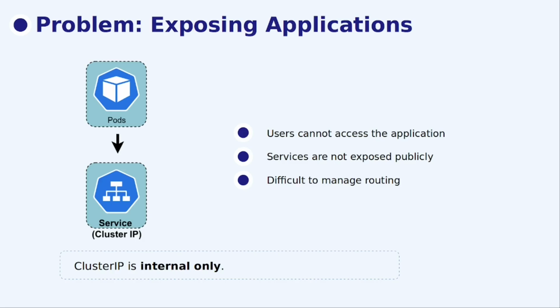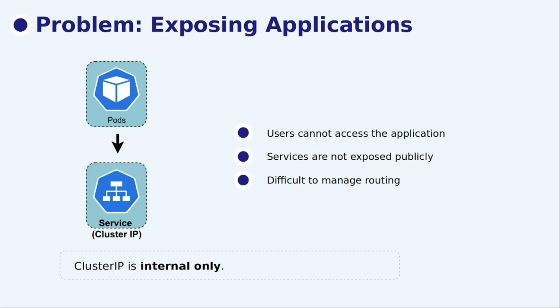First, users on the internet cannot access the application. Second, there is no public entry point to the system. And third, if we have multiple services, there is no easy way to route requests based on URLs or domains.